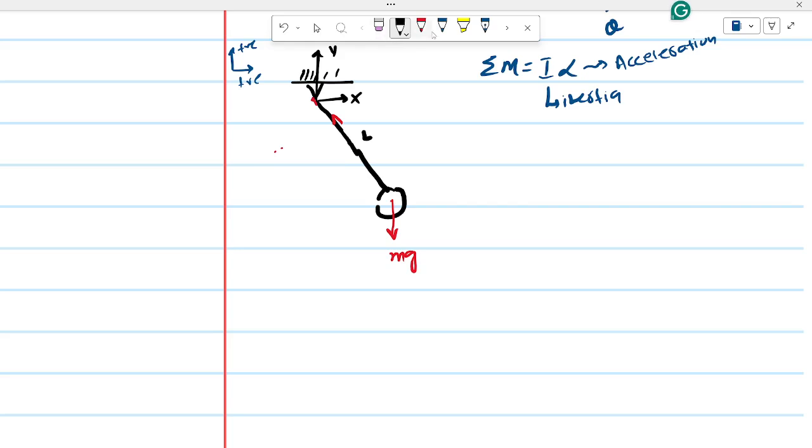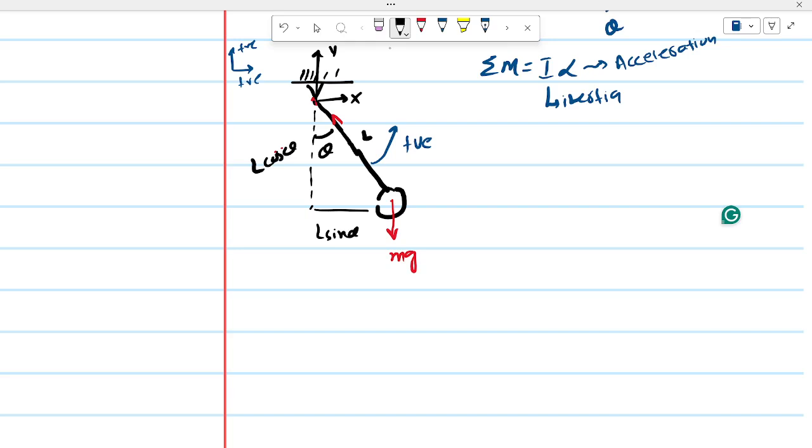Okay, so again let's assume the anti-clockwise movement is positive, and this is theta here, and so this becomes L sine theta, and this becomes L cosine theta.